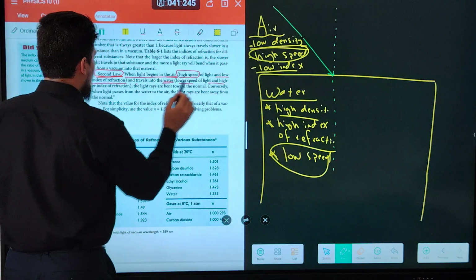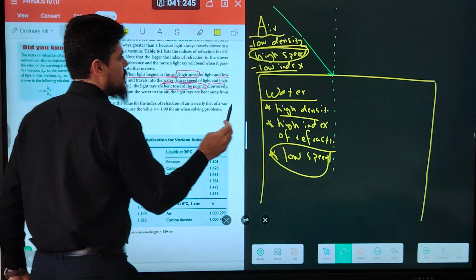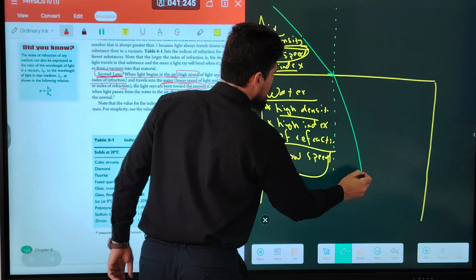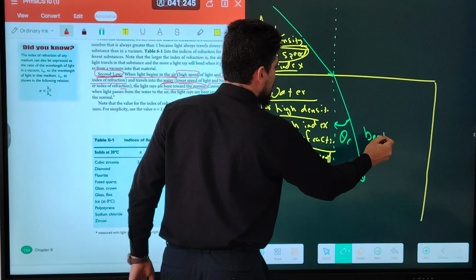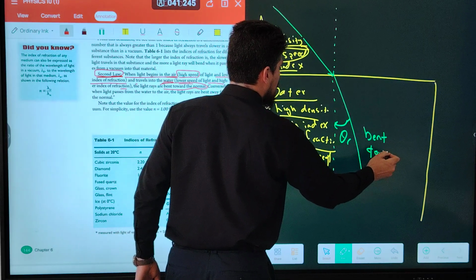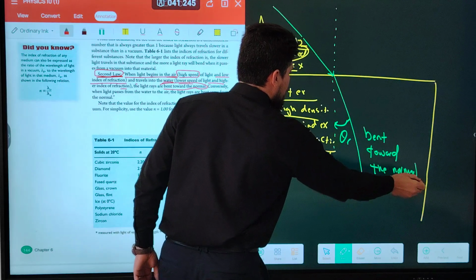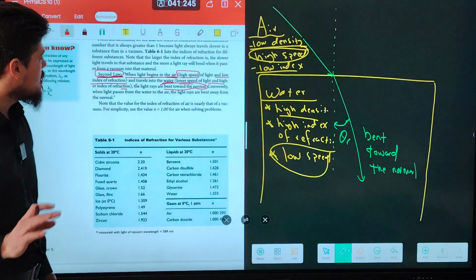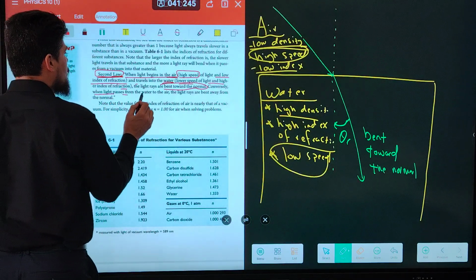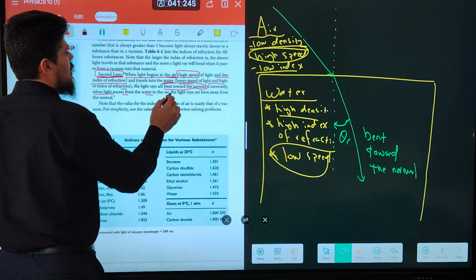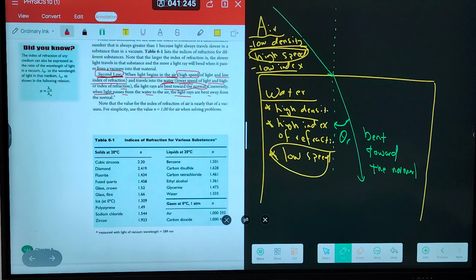The light rays bend toward the normal. This is the second law of refraction. And conversely, when light passes from water to air, the light rays bend away from the normal.